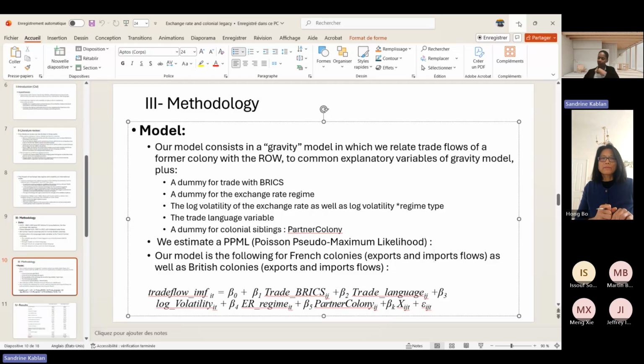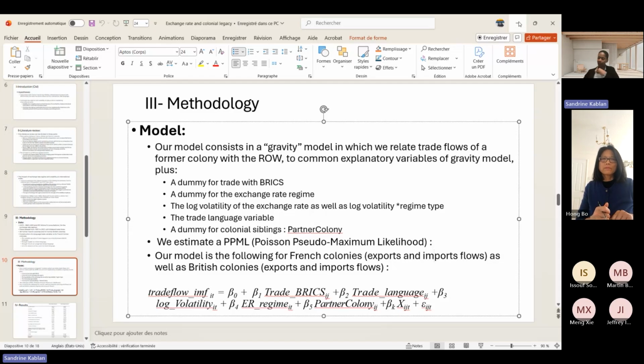So I don't have policy recommendations for the time being, because the work is preliminary, but still this work helps to shed light on debates like the currency arrangement of former colonies, and whether former French colonies should try to trade more with other partners than the French network partners.